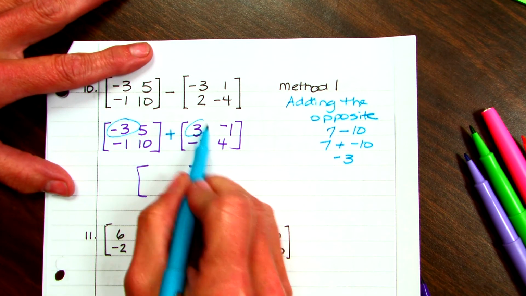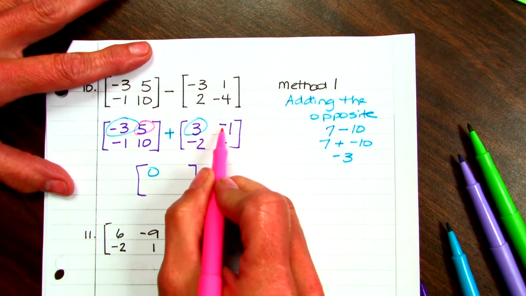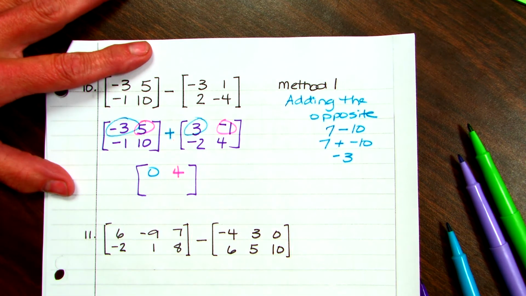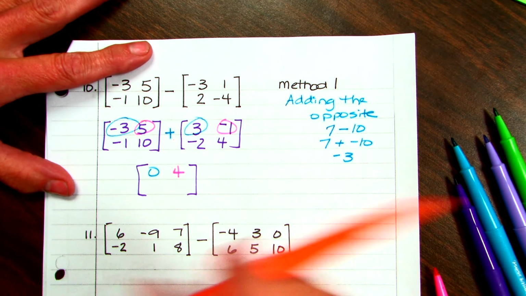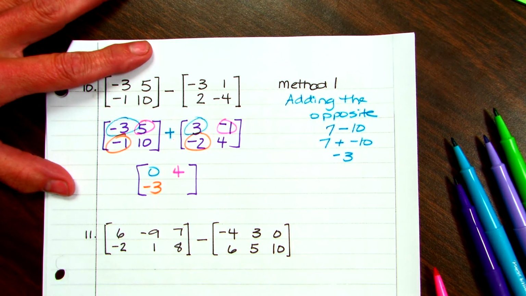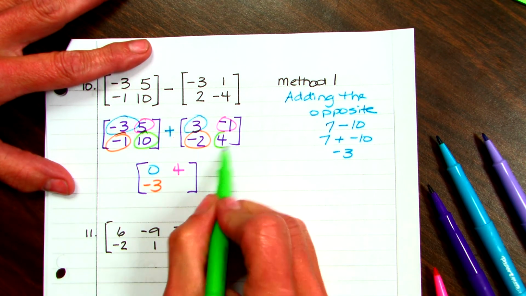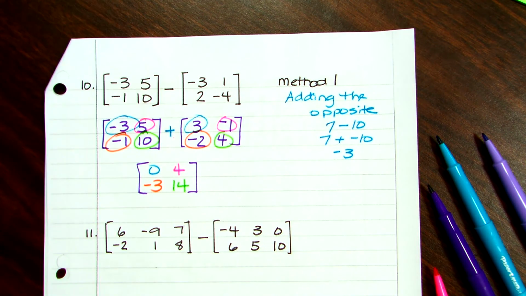Negative 3 plus 3 is 0. 5 plus negative 1 is 4. Negative 1 plus negative 2 is negative 3. And 10 plus 4 is 14.